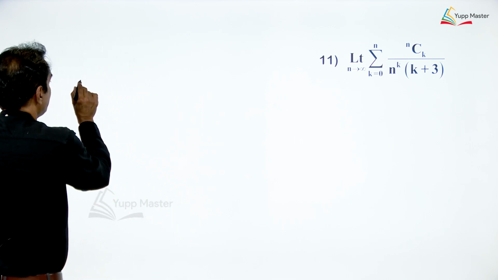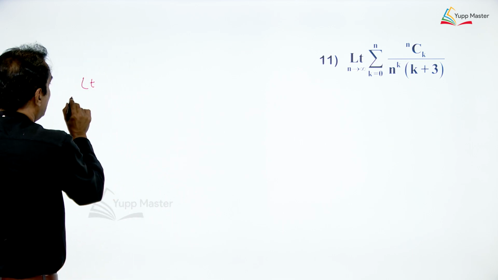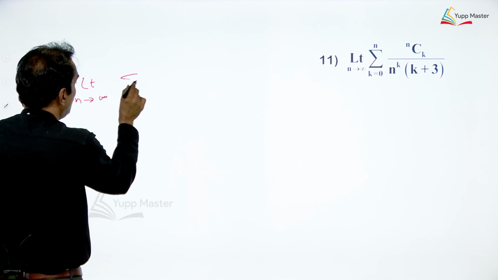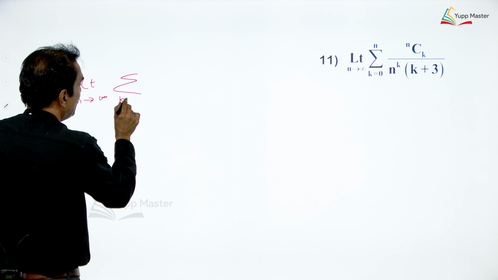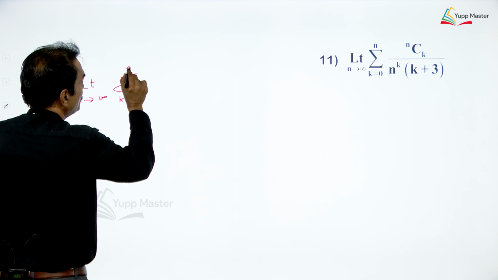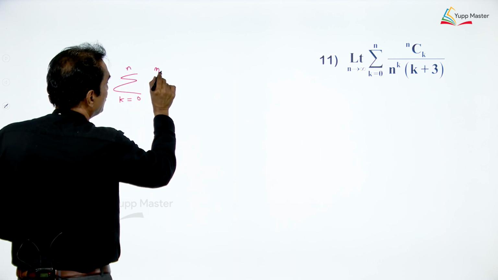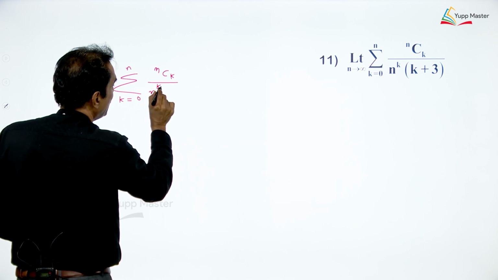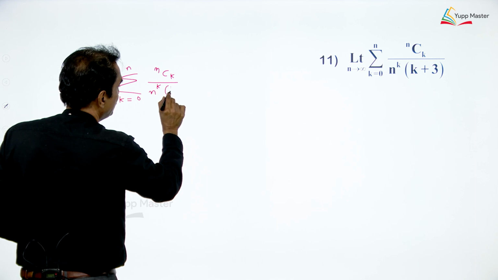Limit n tends to infinity, sigma k varies from 0 to n, nCk by n power k into k plus 3.